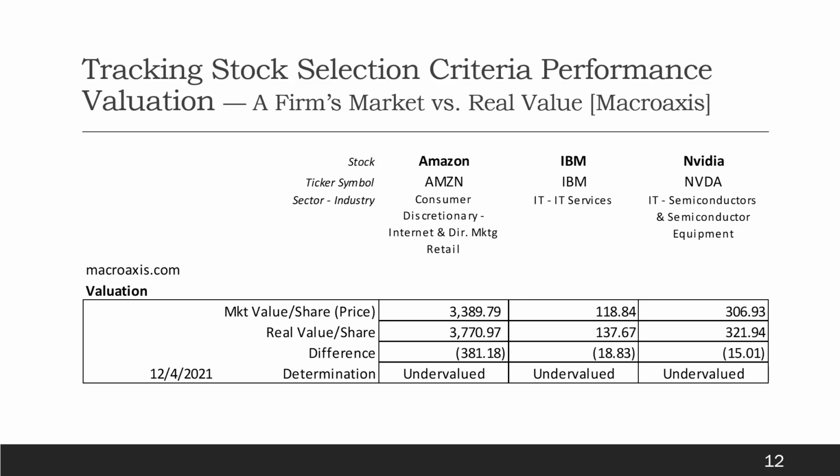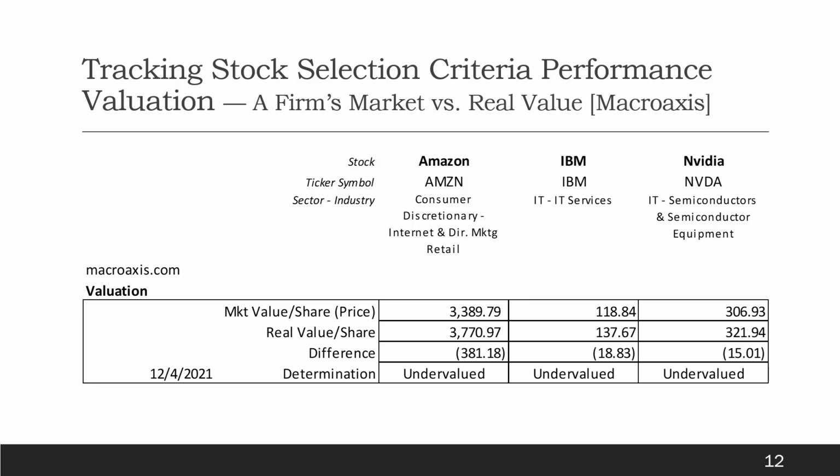IBM was valued by the stock market at a price of $118.84 per share. Since MacroAxis arrived at a per share real value that was higher than that, $137.67, it is making a case that IBM was undervalued by $18.83 per share.